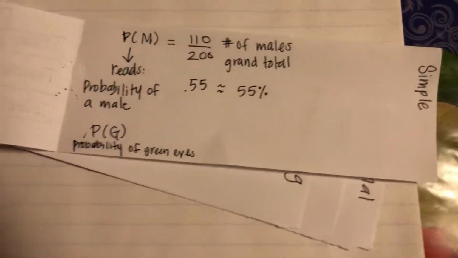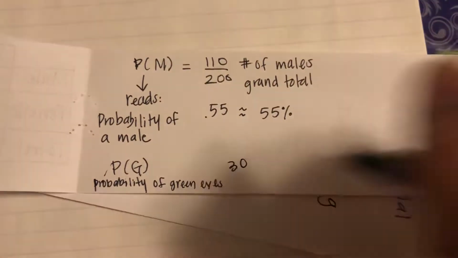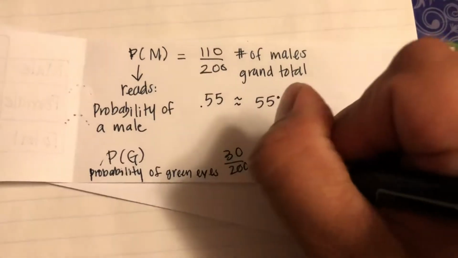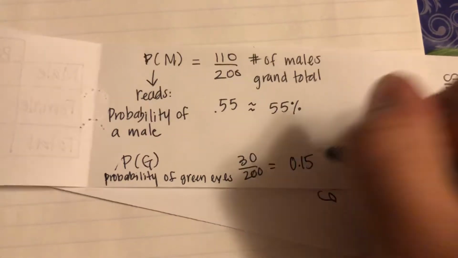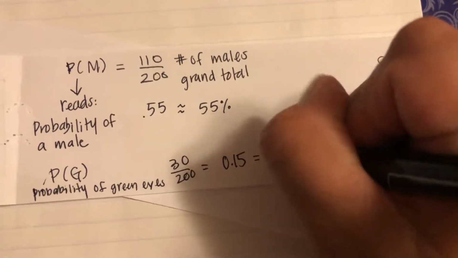So here we have 30 over 200. If we put that into our calculator, we get 0.15, which we would turn into 15%.